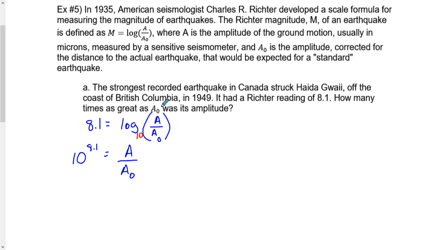So how many times as great? If we just quickly manipulate this equation, multiply both sides by the AO, the amplitude will be 10 to the power of 8.1 AOs. If you type that in your calculator, 10 to the power of 8.1 is 125,892,541.2 times as big.